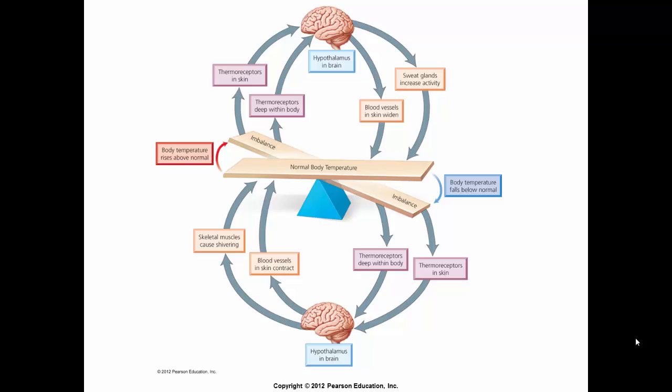It's going to cause our skeletal muscles to begin shivering, because skeletal muscles are a primary generator of body heat. So this shivering motion allows our muscles to generate heat, which is going to act to raise that body temperature back up to the normal body temperature, and again restore homeostasis.